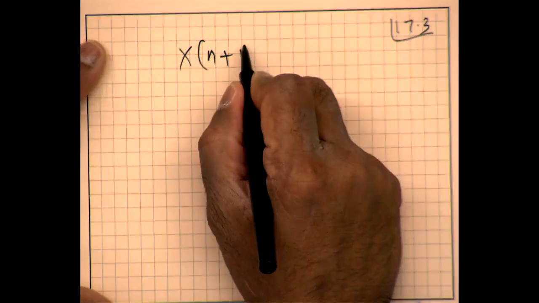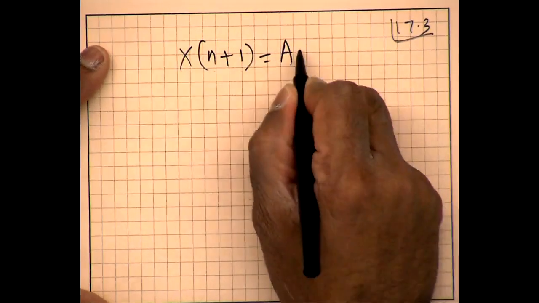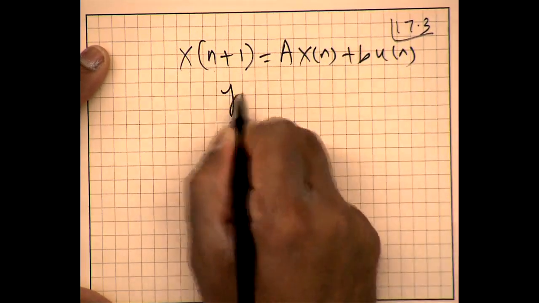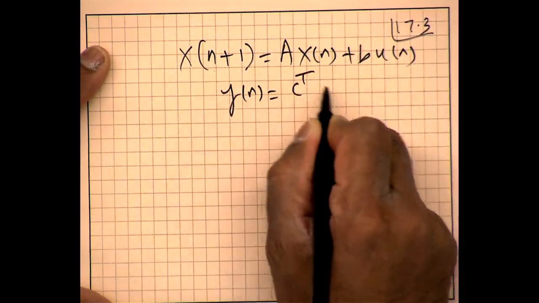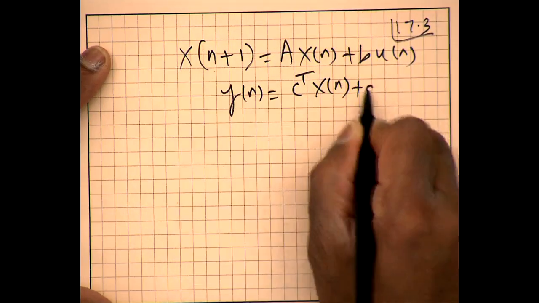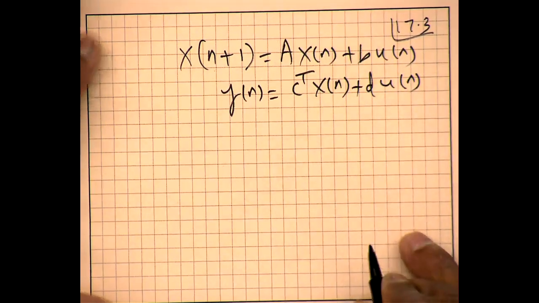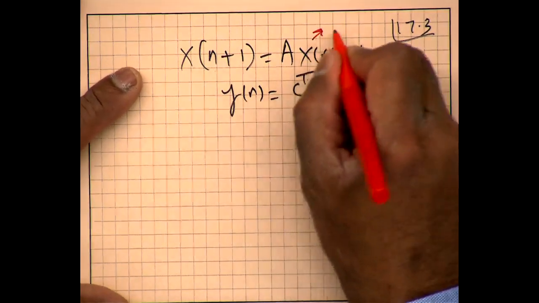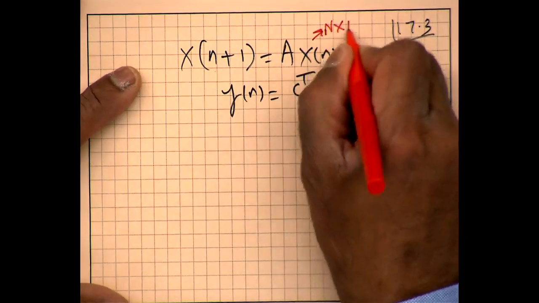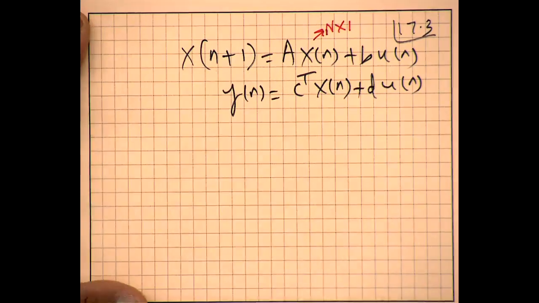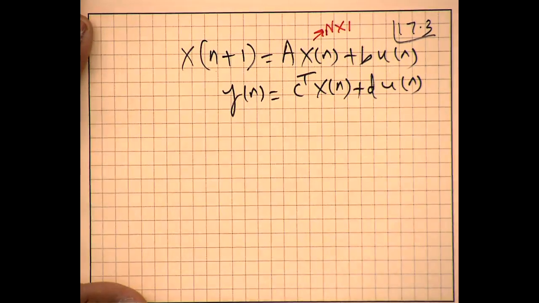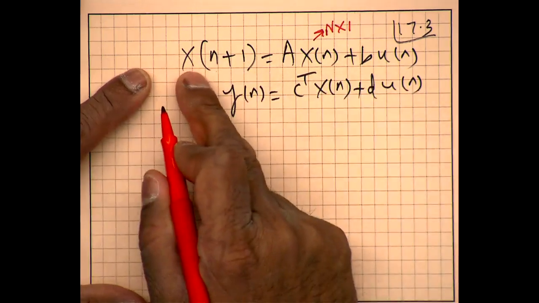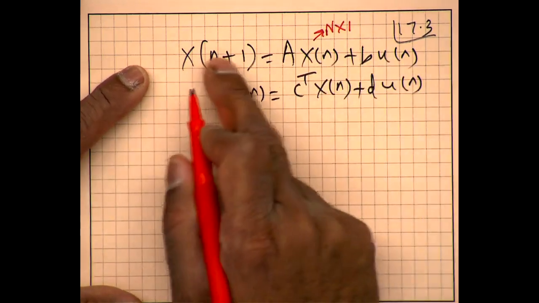Okay, let me just show you another way. So xn plus 1 is equal to A times xn plus B times un. Yn is equal to c transpose xn plus d un. Remember that in this particular example, xn would be a 5 by 1 vector, so there are 5 state variables. We can write the state update equation as this equation here.